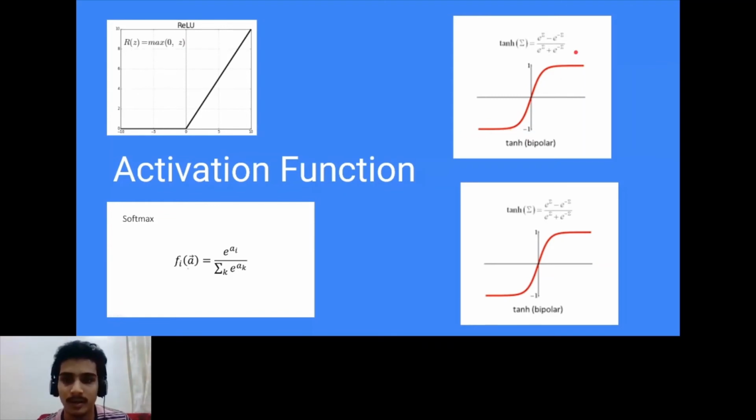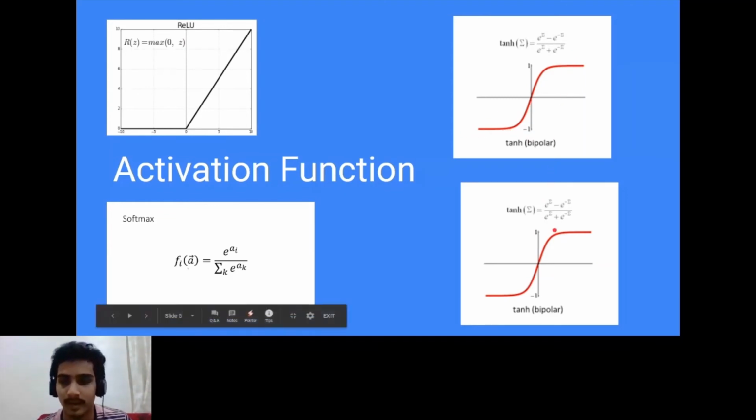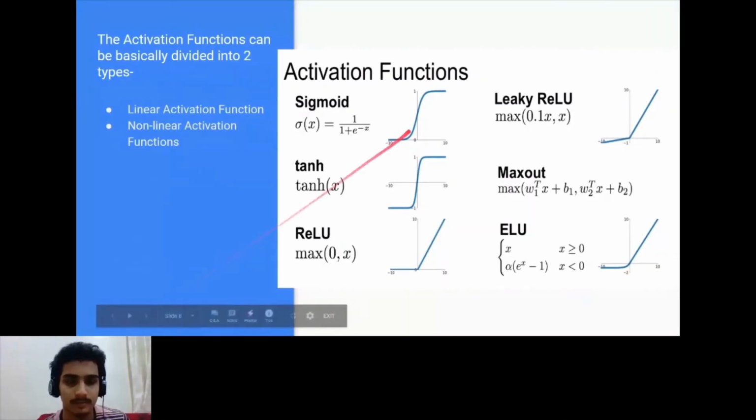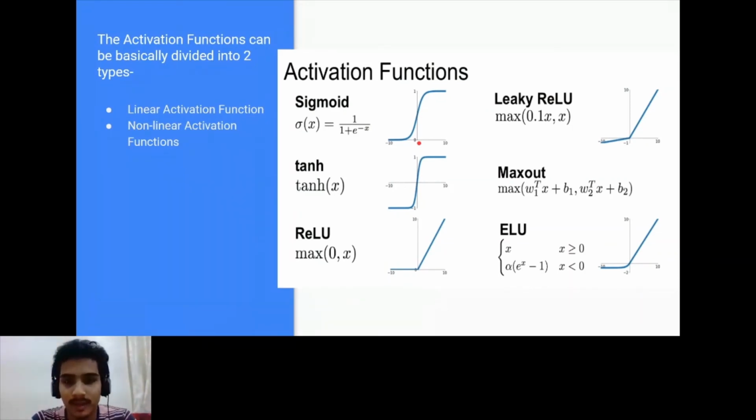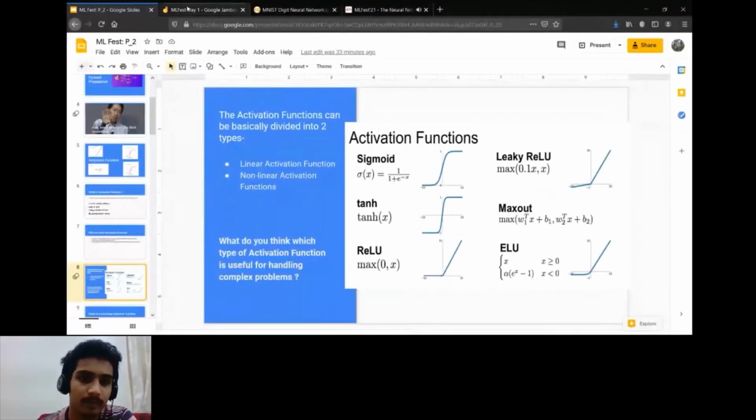So that's a non-linear function. And I guess there's the same tan h here, and then we have a lot of functions. We also saw the sigmoid function, right? The sigmoid function is basically a non-linear function, that is, its graph is non-linear, so that you can understand what a linear and non-linear function would be.